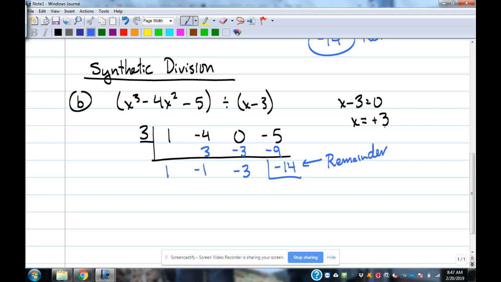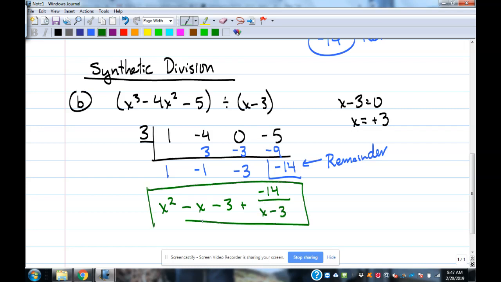And when you do synthetic division, it always takes your degree down by 1. So we started with x cubed. Now the quotient starts with x squared. So that's going to be x squared minus x minus 3 plus negative 14 over x minus 3.